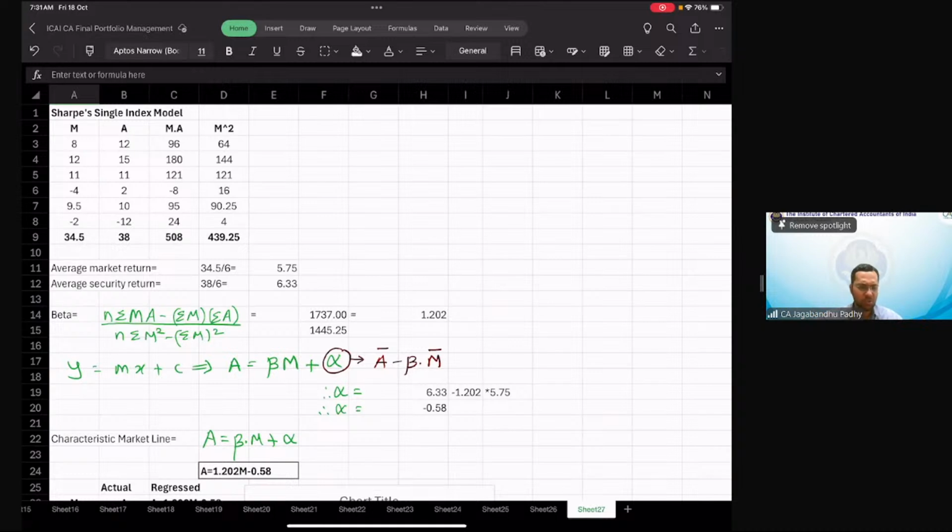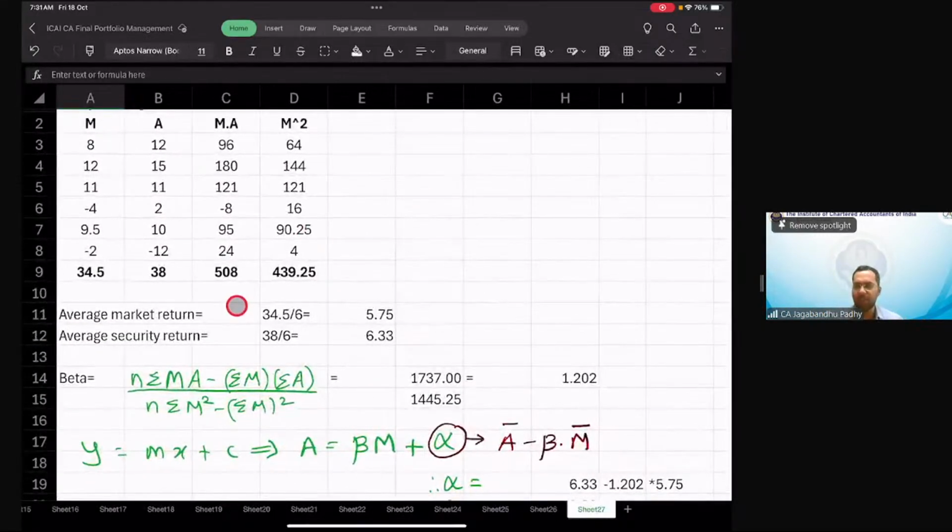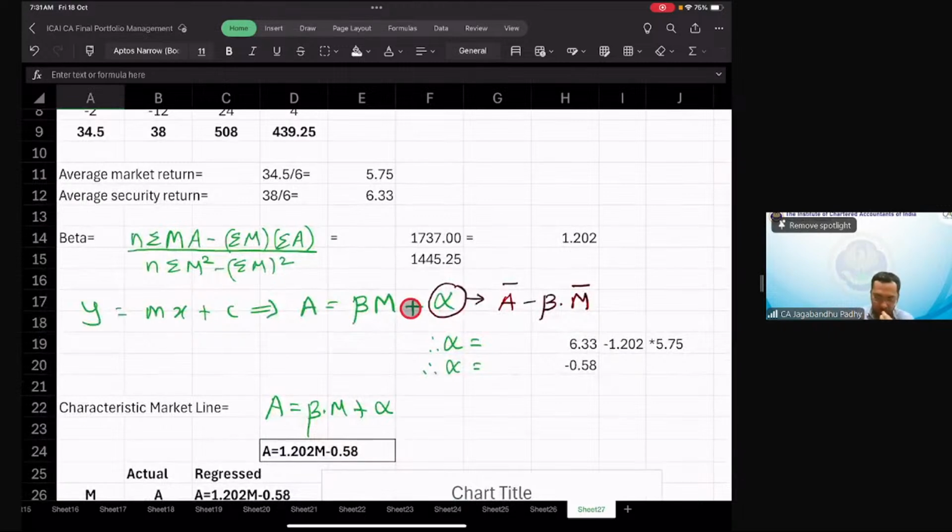So the idea is, first you need to get the average return of the market and the average return of the security. Then in the second step, you compute the beta, by using the covariance upon variance formula. Then, since the equation also requires a constant term, which is the alpha, we compute the alpha as average return of A minus beta times average return of the market.